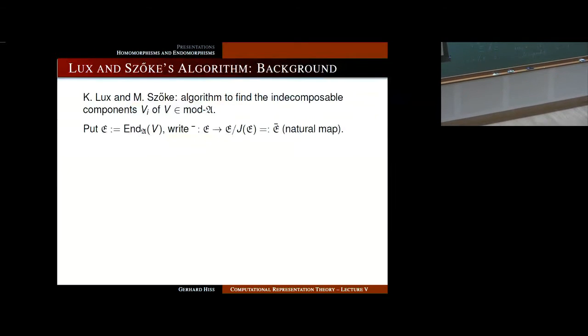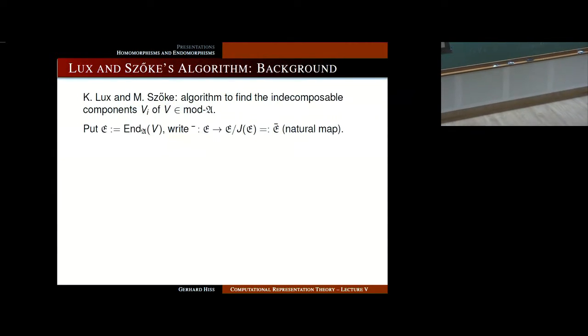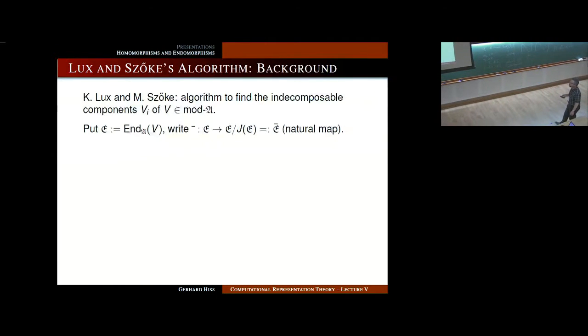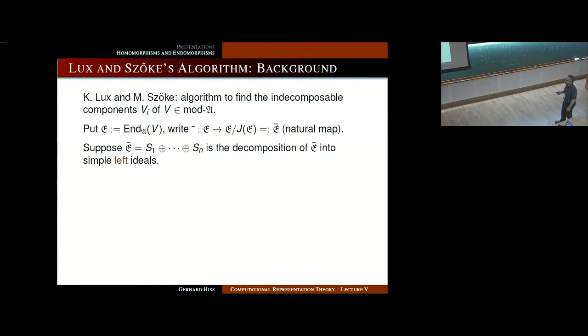Okay, E is again the endomorphism algebra, and bar denotes the natural map onto the semisimplification, E modulo its Jacobson radical. And then you have to be able to compute. So this is again a direct sum of simple modules.